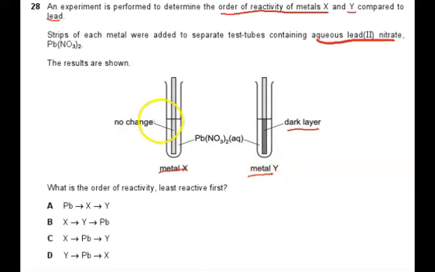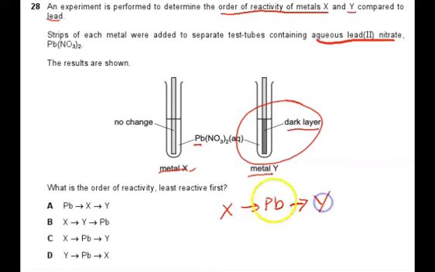When there are no changes here, plumbum is higher in reactivity than X. And since we have a reaction over here, Y is higher in reactivity than plumbum. So it should be C as your answer.